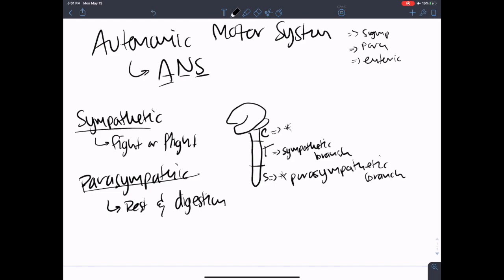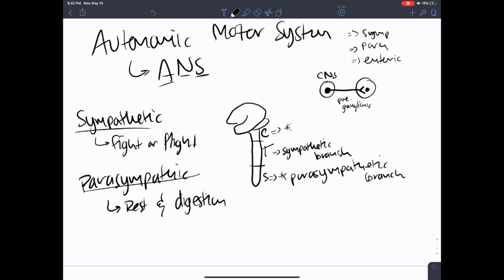The specifics of this, I think, are covered a little better in the study guide, especially like the length of the axons. But what I want to emphasize is that for each branch, there's both a preganglionic and a postganglionic neuron. There's a neuron that extends from the central nervous system, wherever that may be, and this is the preganglionic neuron.